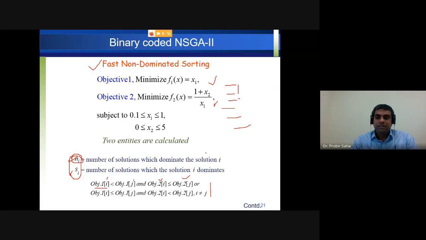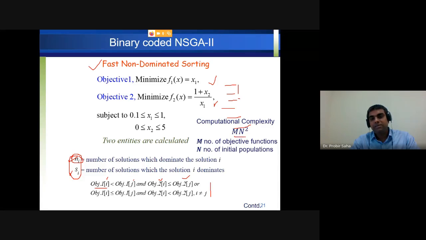And if you see the computational complexity, it may be m n square, where m is the number of objective functions and n is the number of the initial population. Say I have 2 objectives in this case, and say I have started with a population of 8. So how many comparisons are required? 2 into 8 square, that means 128. 128 comparisons are required, and after that we'll get Ni and Si for each and every solution.